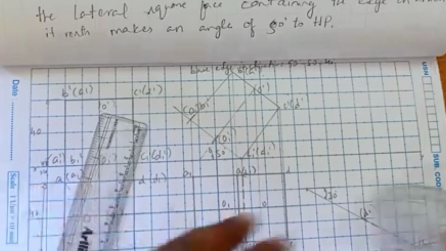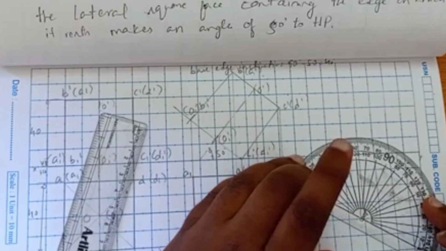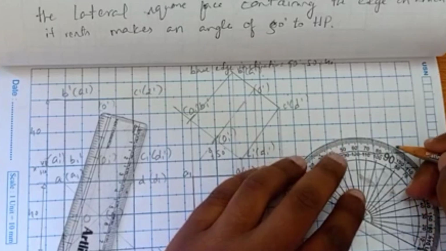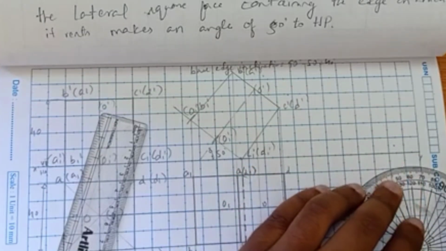So now suppose these points and we are marking exactly 90 degrees on either side.